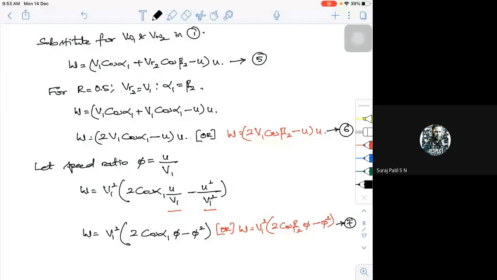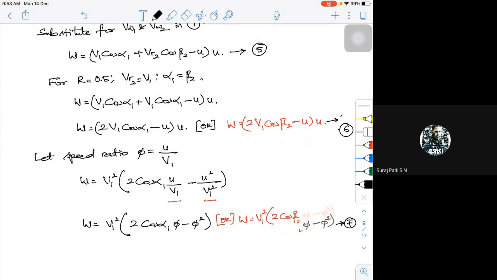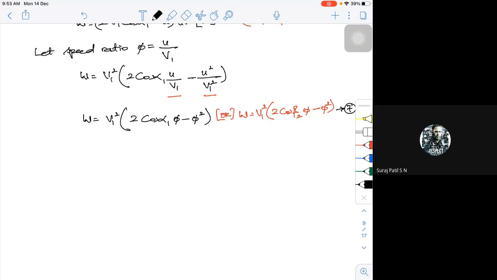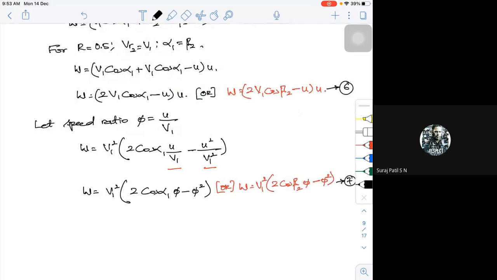Now, if you want to obtain the maximum condition, we have to look for certain things. Now, look at this expression, which is equation number 6.